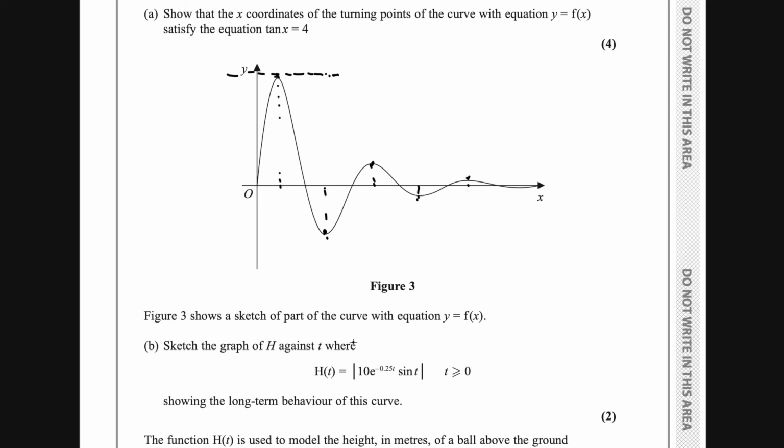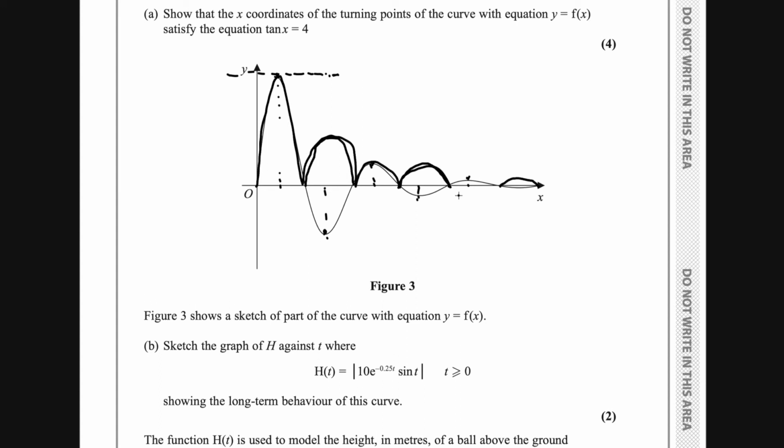In order to work out the modulus, when the modulus signs are outside of the whole function, we reflect any parts below the x-axis in the positive x-axis, removing the parts below it. So we should be left with something that looks a little bit like this curve here.